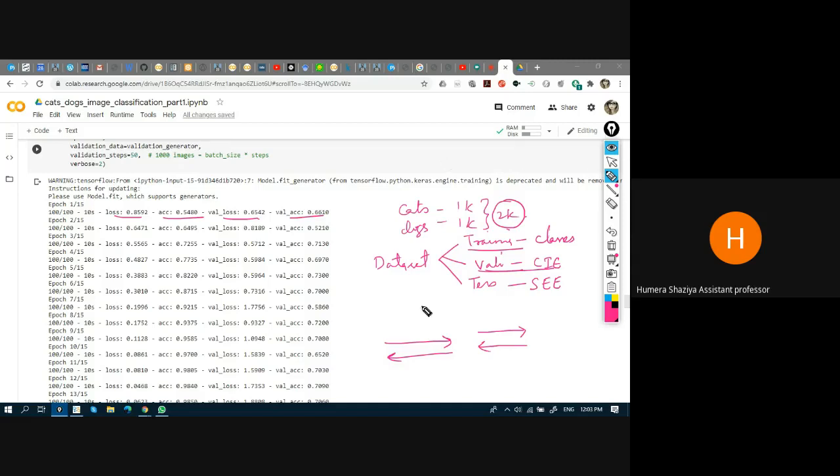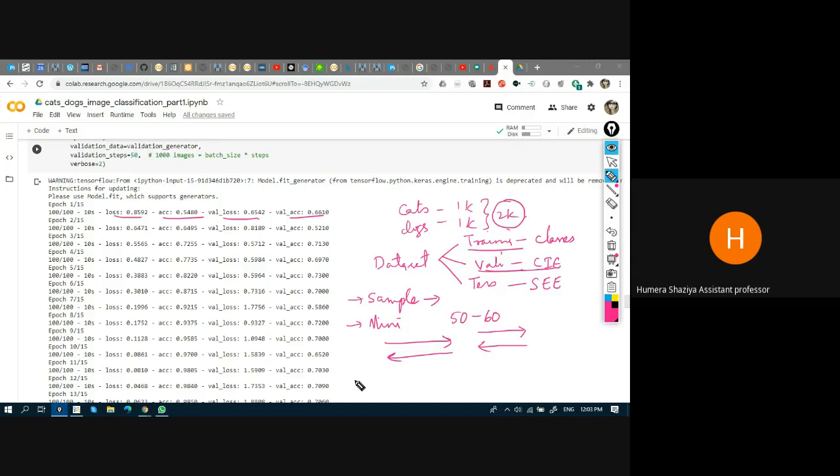You can do it individually for every sample, that is known as batch gradient descent. You can go for mini batch, means instead of all 2000 at once, you do 50 or 60 samples in a batch.